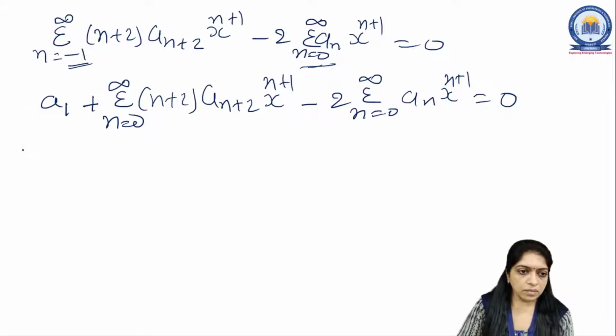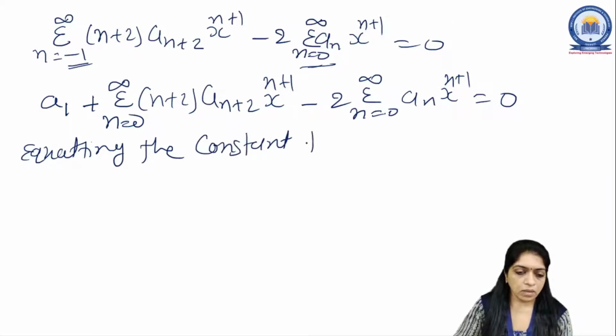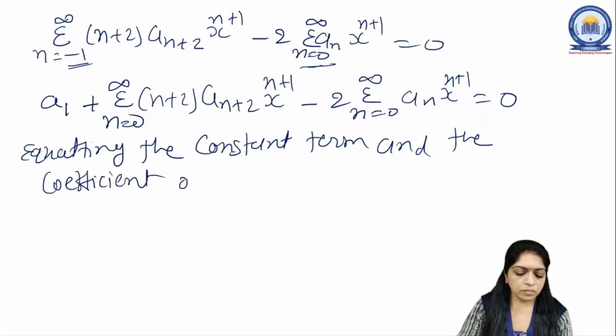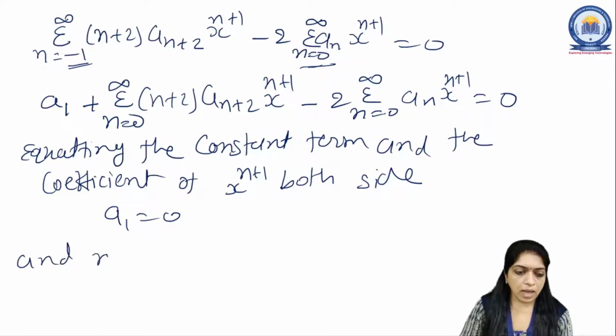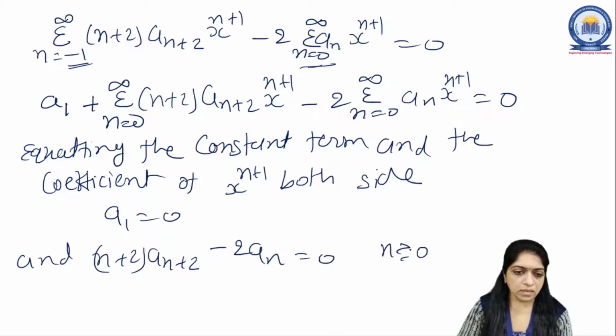Equating the constant and the coefficient of x raised to n plus 1 on both sides, we have a1 equal to 0 and n plus 2 an plus 2 minus 2an equal to 0, where n is greater than or equal to 0.